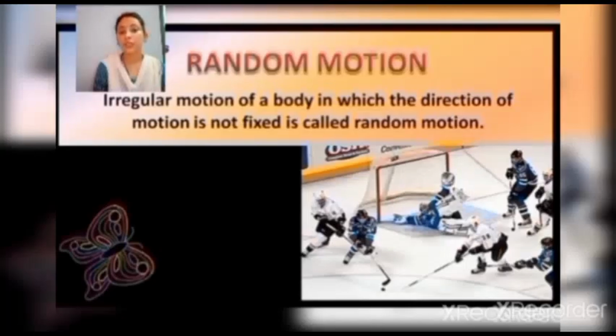The direction is not defined. It may go anywhere. If you look at the screen, the other picture is of people playing hockey. So you see, the hockey ball does not go in a definite direction. Such kind of motion, when the direction is not defined or fixed, is called random motion.